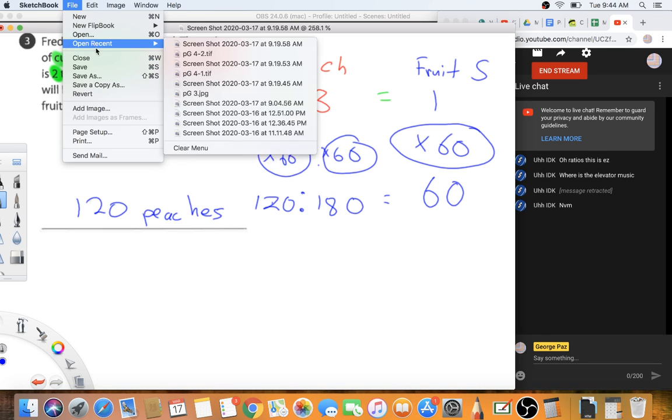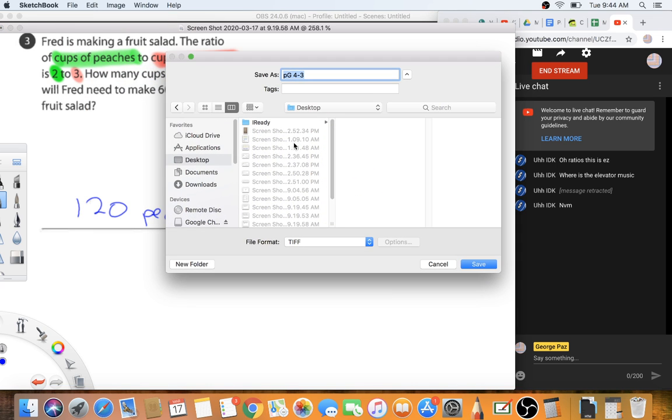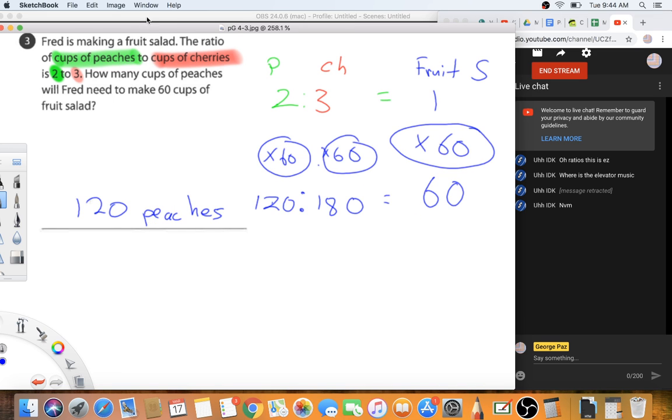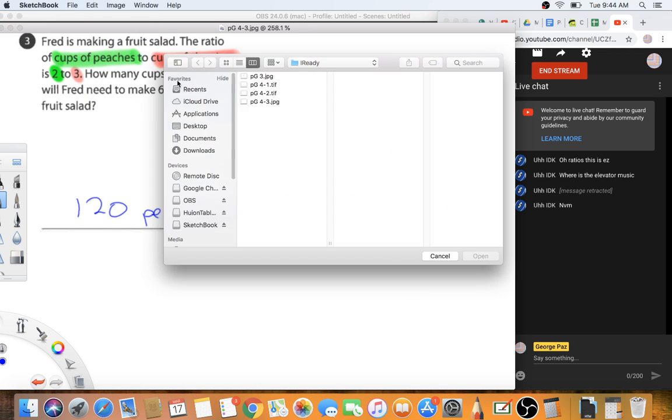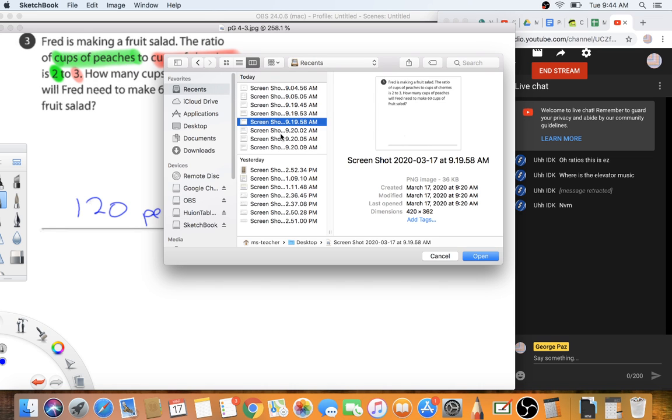Again, gotta save it, just in case somebody else wants to see this question later. This is question 3. That's pretty cool. You actually saved it for me in the order. This app's pretty good. Okay, so question 4. Open question 4. Here we go.